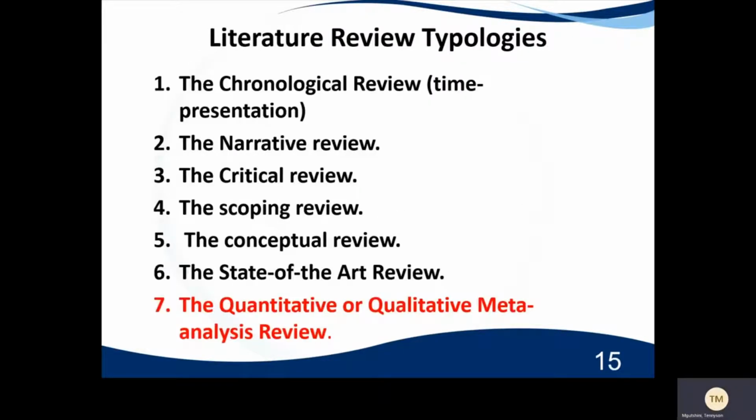Right. Now, here are the different 6 or 7 types of literature review typologies. This is basically a way of saying, when you write literature reviews, they will be structured according to the type of literature review you have chosen.